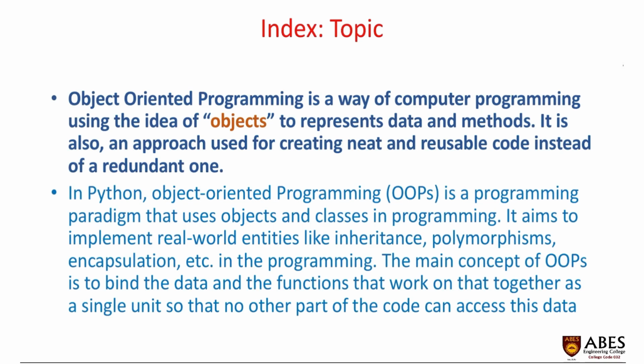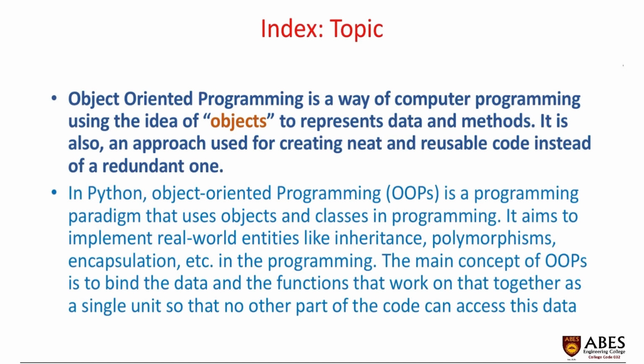In Python, object-oriented programming is programming that uses objects and classes in the program. It means in object-oriented programming, we will use class and object. It aims to implement real-world entities like inheritance, polymorphism, and encapsulation in the programming.